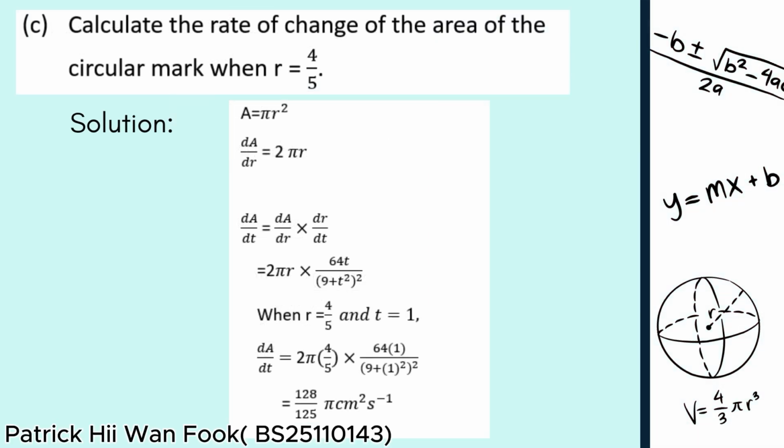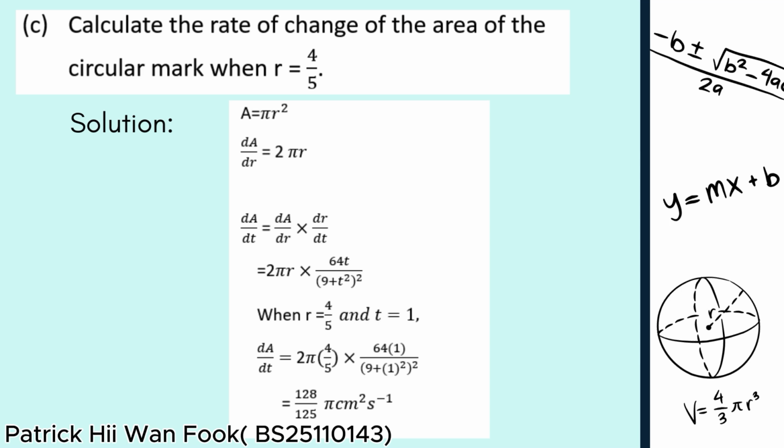For part C, we want to find the rate of change of the area of the circular mass. The formula for the area of the circle is A equals pi r squared. We differentiate A with respect to r. After that, we apply the chain rule and substitute dr/dt obtained from part B. Now, we substitute r equals 4/5 and t equals 1.